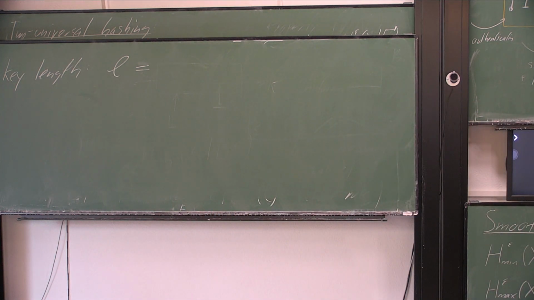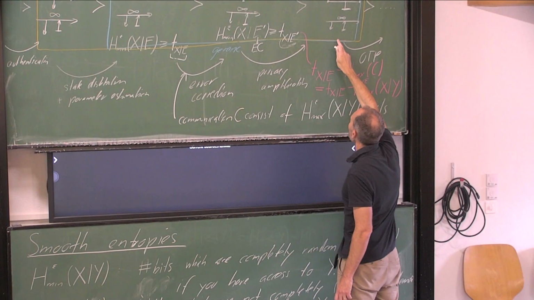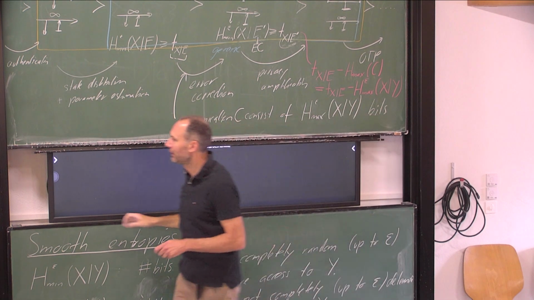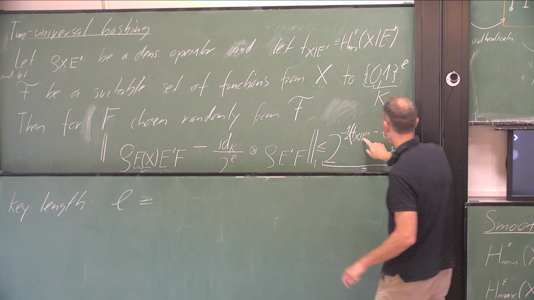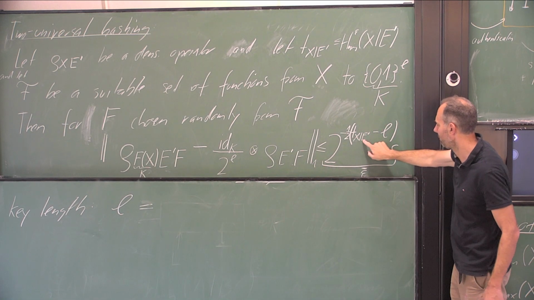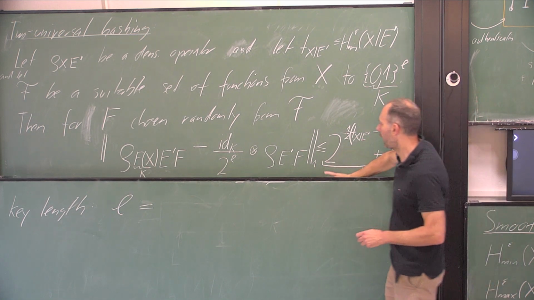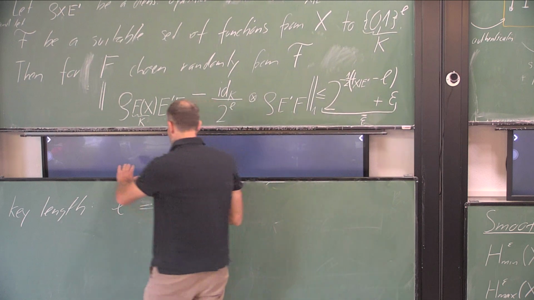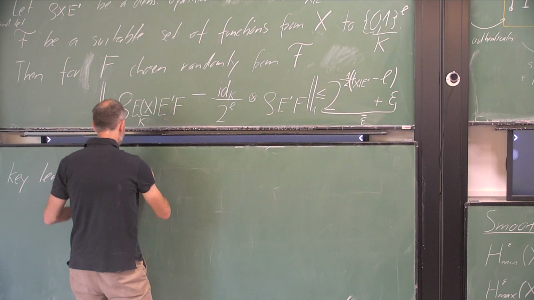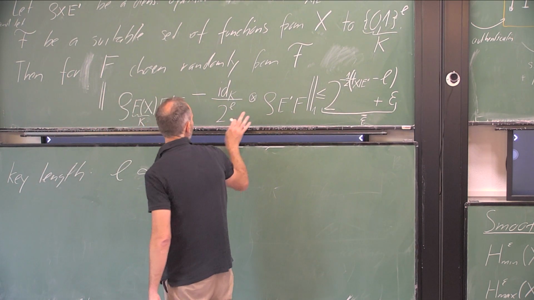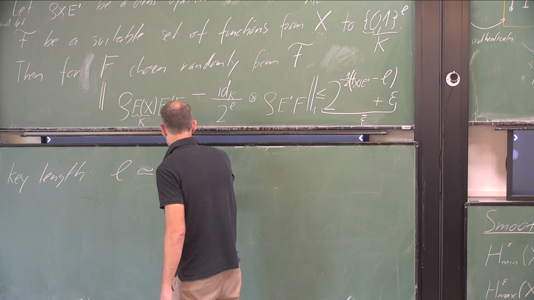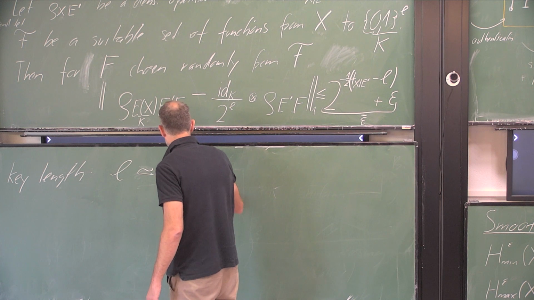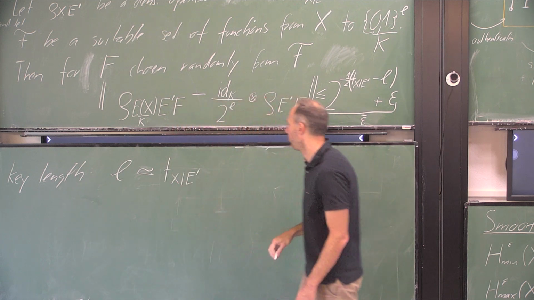So let's again start from here. The L, as we said, or you can still read it here from the hash lemma, has to be a little bit larger than this, and then the key is secure. I can choose the L to be, and as I said, this little bit I will just put into the approximation. I can say that if the L is a little bit larger than T(X|E'), then it's secure. So I can choose the L to be that.